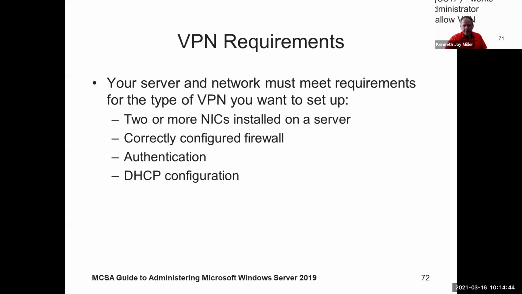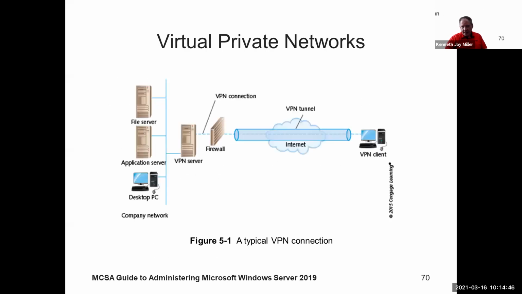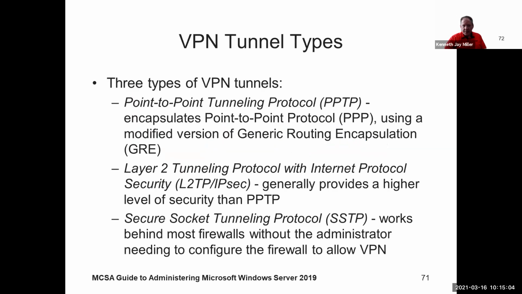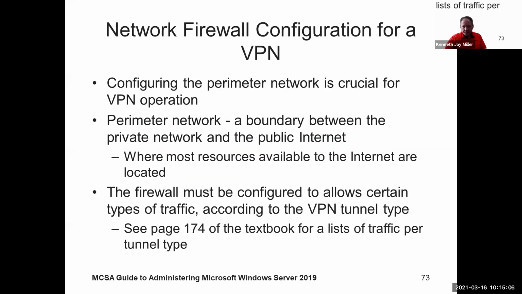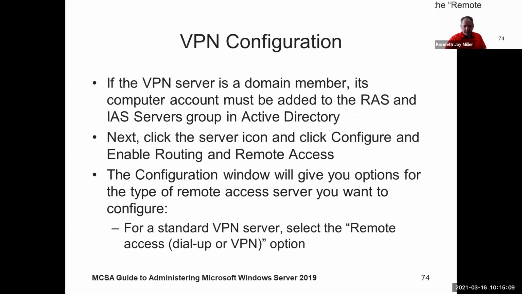Otherwise, if we get to this point, everything's set up, we get here, and then it gets blocked at the firewall, we'll never authenticate or never build the secure tunnel. So the firewall has to allow that traffic through. And the general rule on firewalls is to block everything and then allow our exceptions. So we would make an exception for our firewall here.